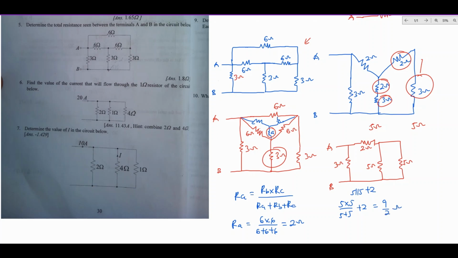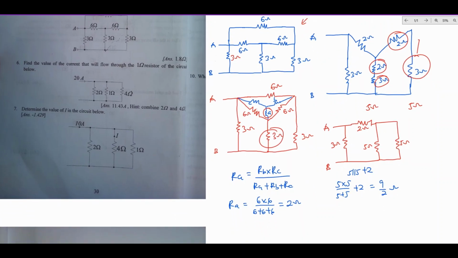So this 9 on 2 ohms will now be in a parallel connection with the 3 ohms, which is this 3 ohms here. So I'm going to have 9 on 2 times 3, divided by 9 on 2 plus 3. Let's simplify this and see if you are going to get the answer.